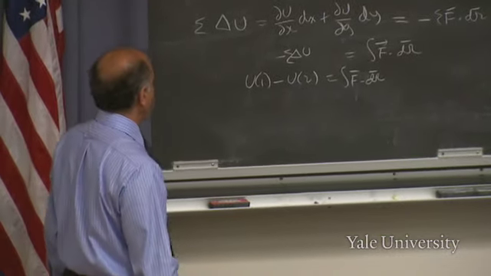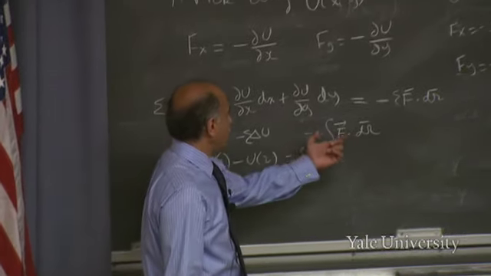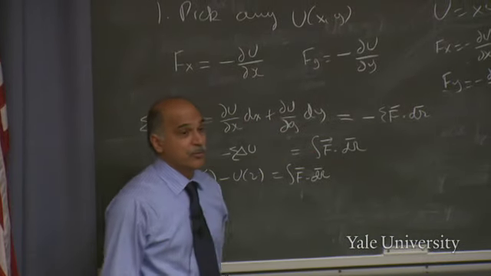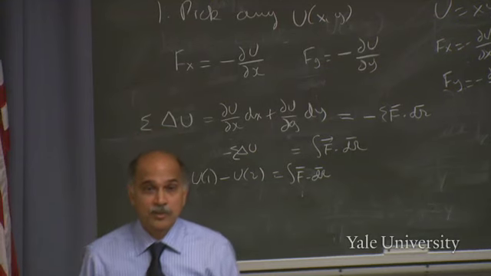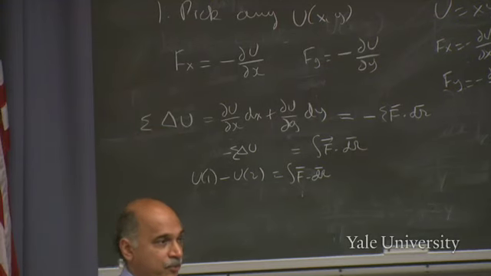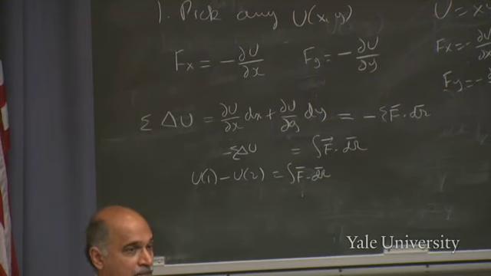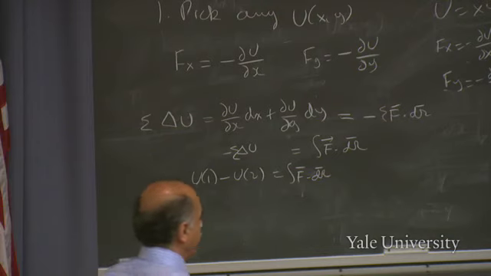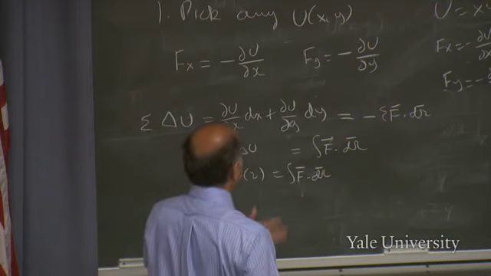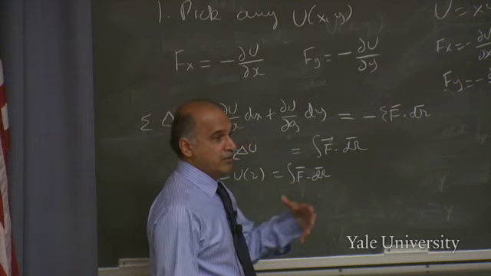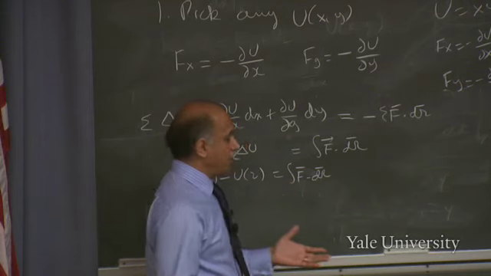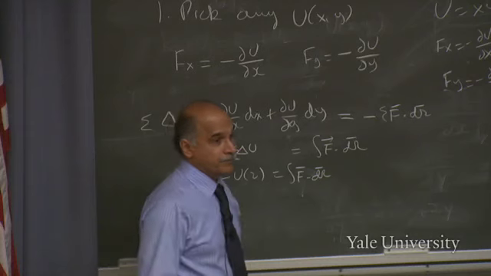It is cooked up so that F dot dr is actually the change in the function u. I cooked up a force by design so that F dot dr was a change in a certain function u. If I add all the F dot dr's, I get a change in the function u from start to finish. So it's got to be u1 minus u2.